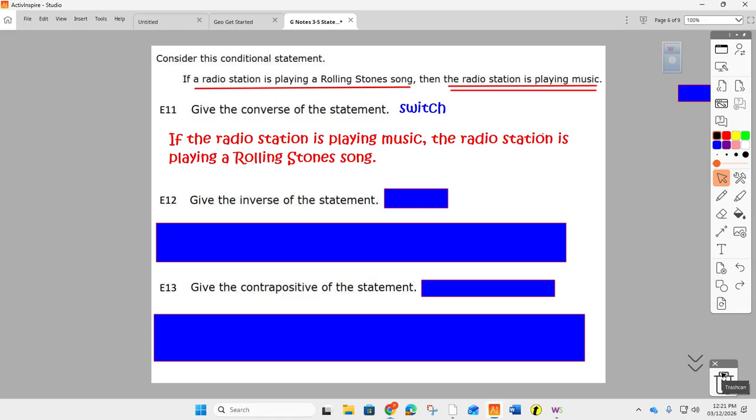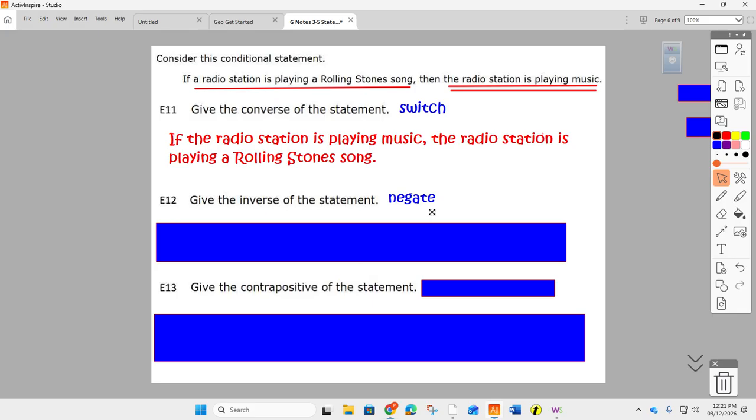The inverse means to negate. And right now I can't figure out a way to help you remember that. You just have to find your own way to remember which is which. So negate: if it's positive, we want to make it negative. If it's negative, we want to make it positive, right?